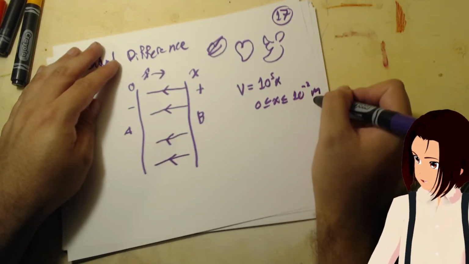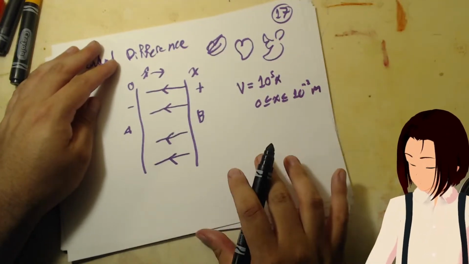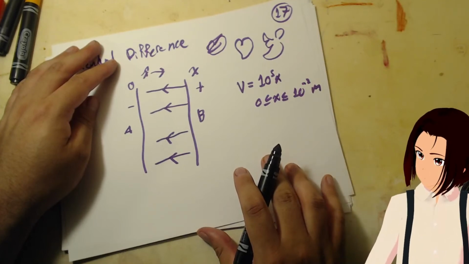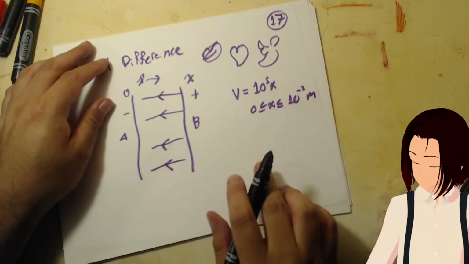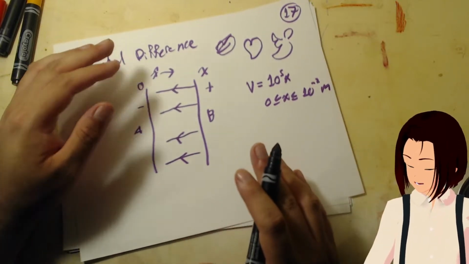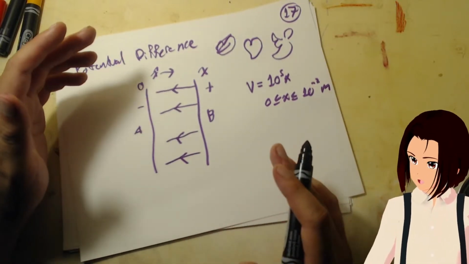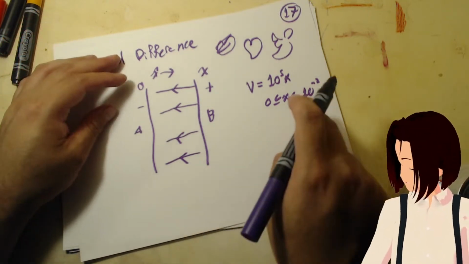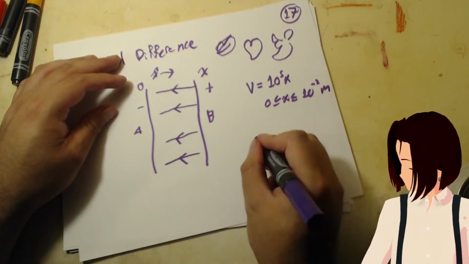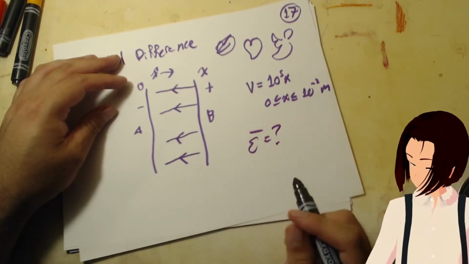Is it 20 centimeters? No, 10 centimeters. That's supposed to be a 2. And we want to know what's the electric field in this space. What's the electric field?